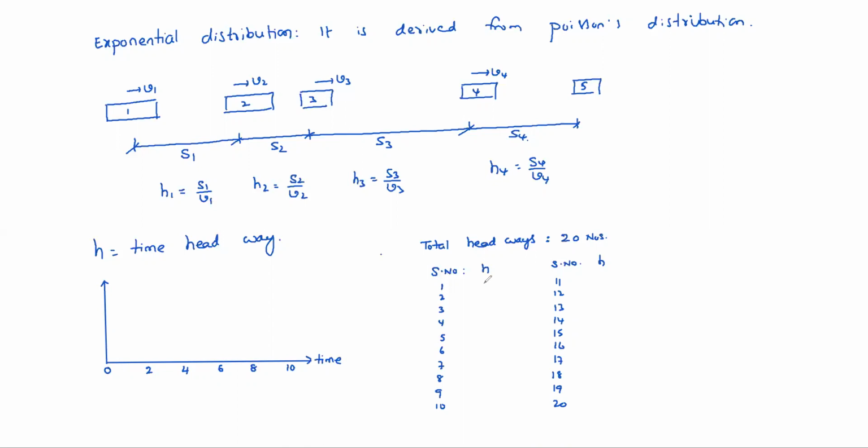Suppose the headways are 6 seconds, 3 seconds, 2 seconds, 1 second, 8 seconds, 5 seconds, 5 seconds, 7, 9, 10, 2, 5, 8, 7, 3, 9, 1, 4, 3, 2. Now tell me, in between 0 to 2, meaning 0 and less than 2, how many are there? Tell me.